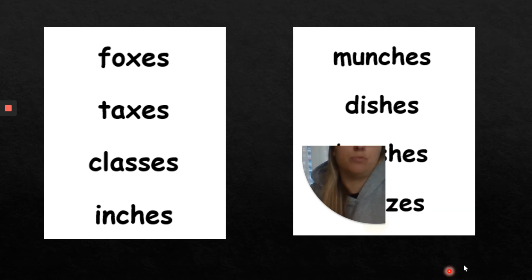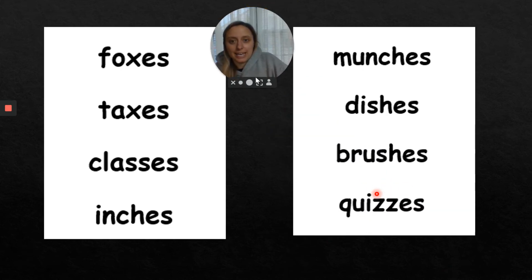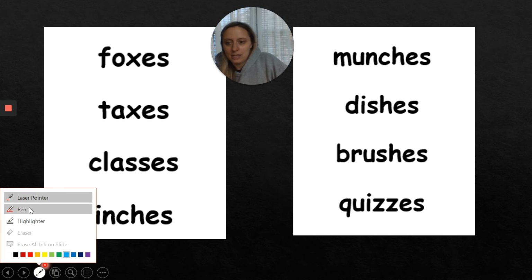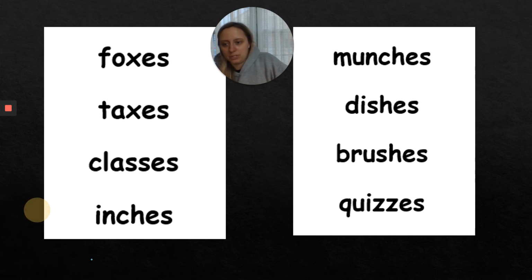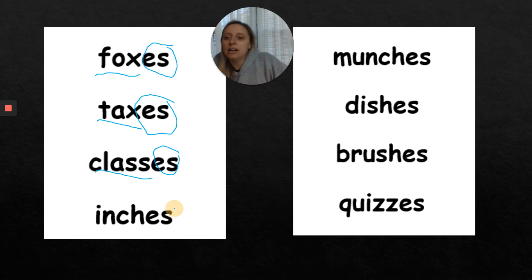Here's a list of words all ending in the suffix is. Let's remind you how to mark these. Circle the suffix is, underline the base word.